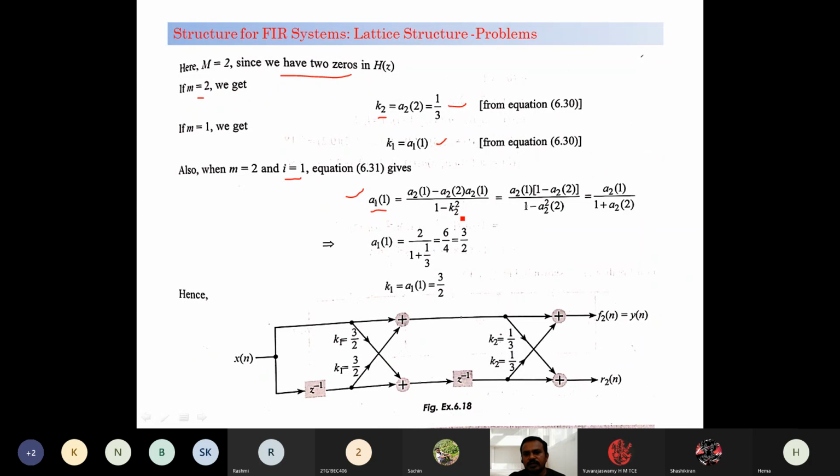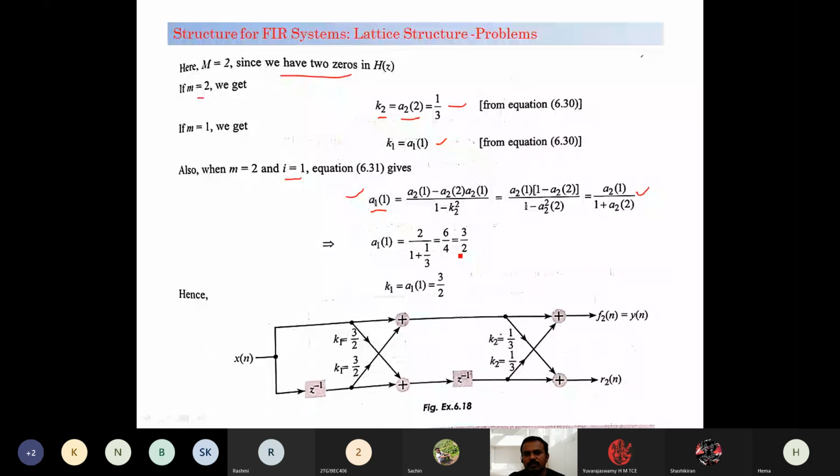Why? Because K2 is nothing but A2 of 2 itself, so it is A2 of 2 square. Then if you simplify, you are going to get A2 of 1 divided by 1 plus A2 of 2.